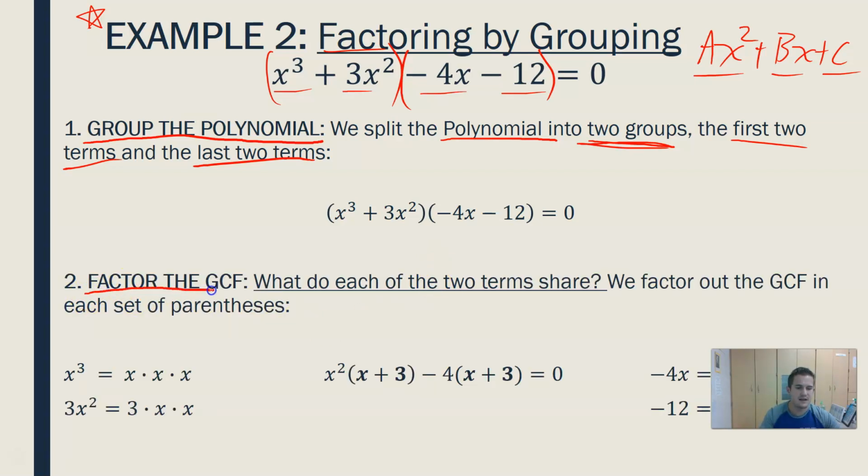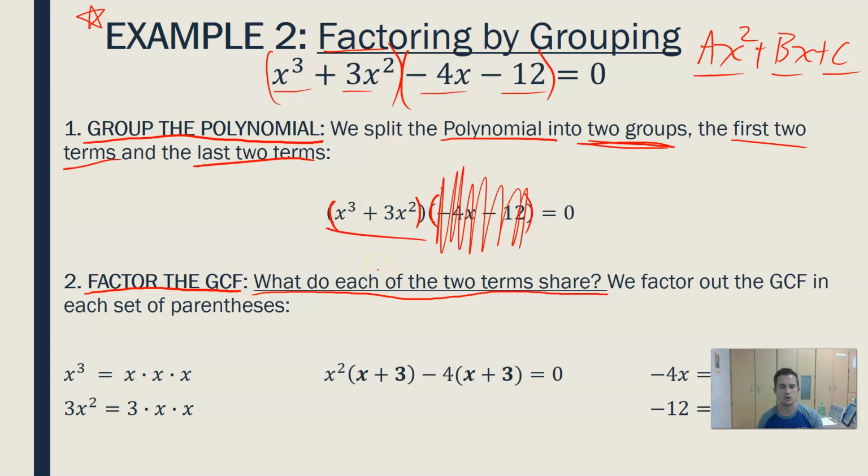Second step is factor out the greatest common factor. So what do each of the 2 terms share? I'm looking at each of these groups separately. If I was just looking at the first 2 terms, I want to see if there's a greatest common factor just between those 2 terms. So let's check it out. I have x cubed and 3x squared.